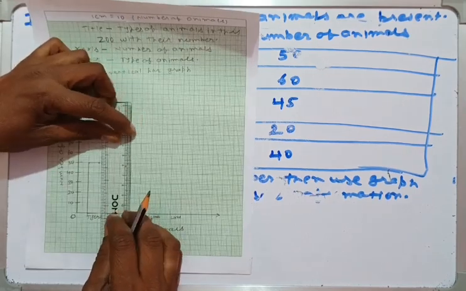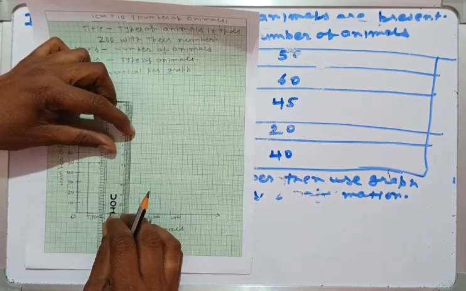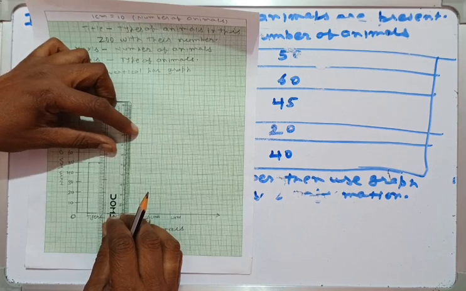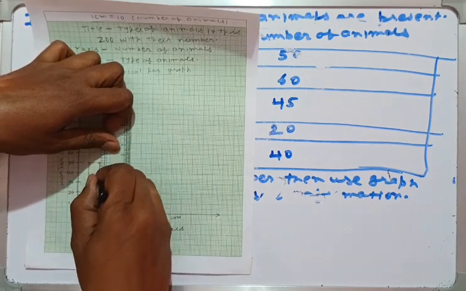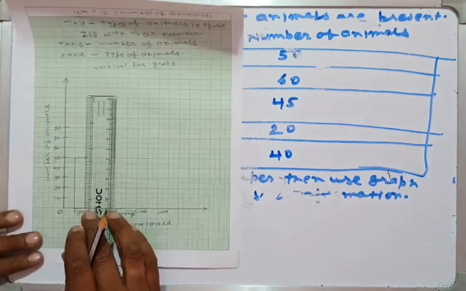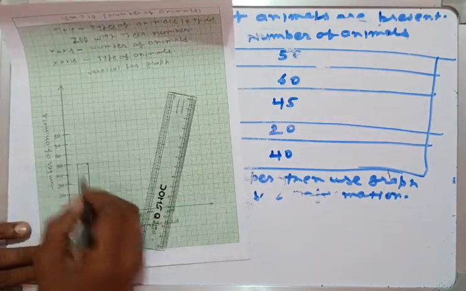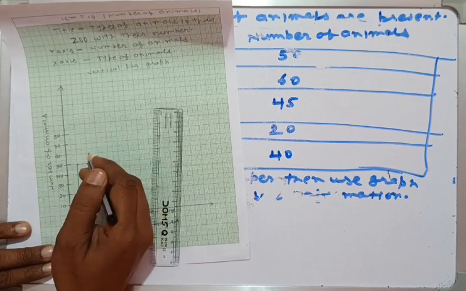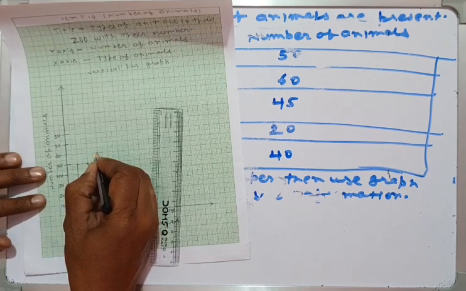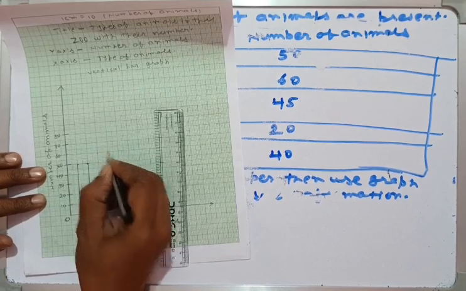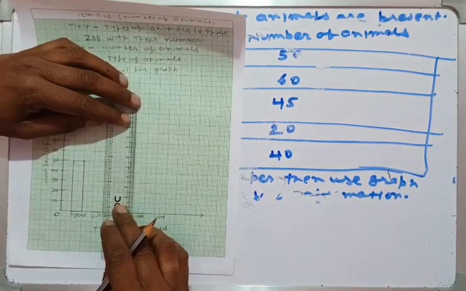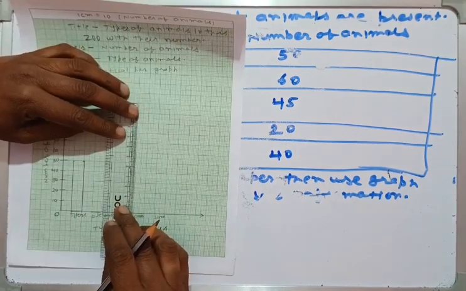So always put a scale like this, outside of the boundary, so it will be easier for you to draw. Now 50. So the next one is elephant, which is 60 in number. So go here and put 2 dots to make a boundary point, and now make a rectangle here.